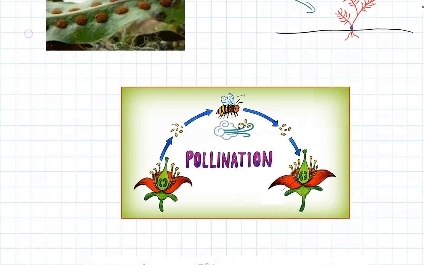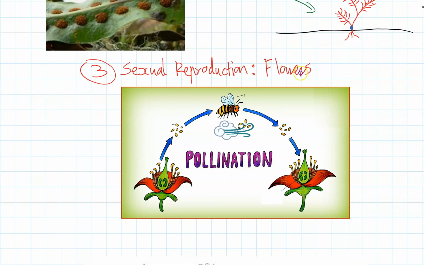Alright, well the third method, this is probably the most common method that plants use, because this is a method of sexual reproduction. And the method is using flowers, which we've already learnt lots about.